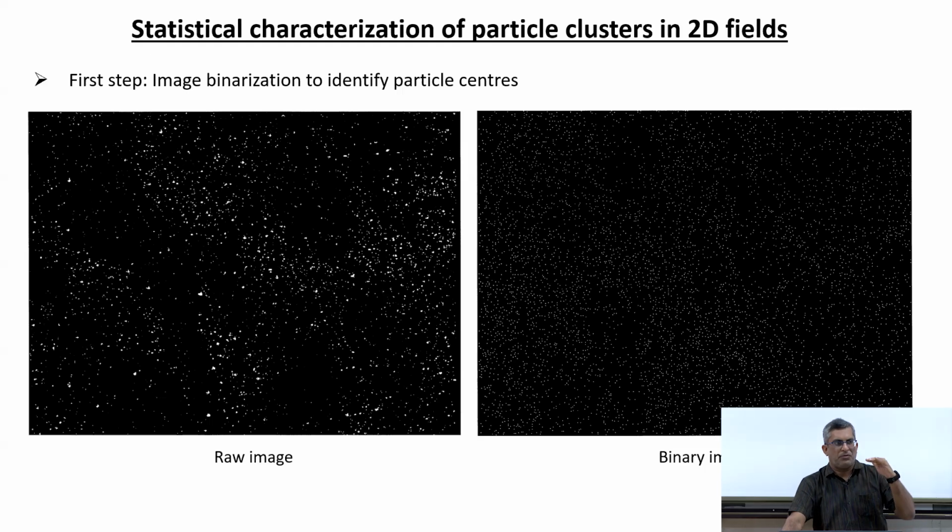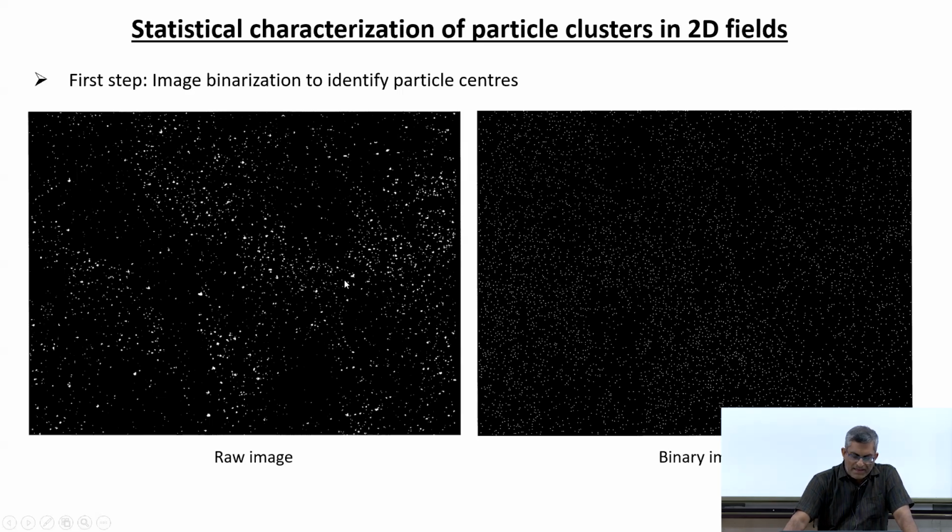So, if we choose an intensity threshold, then we can binarize. This means each pixel we can make it either dark or bright, in simple words. So, we can make the intensity 0 or 1. 0 means dark, 1 means white. So, we can binarize those.